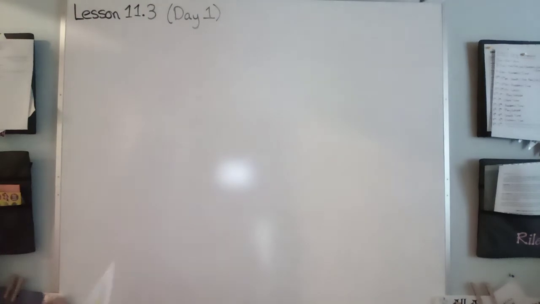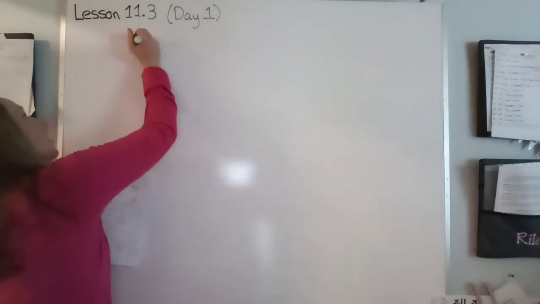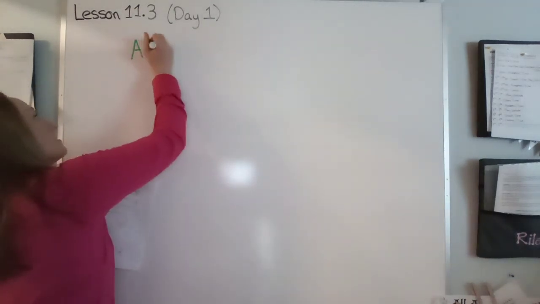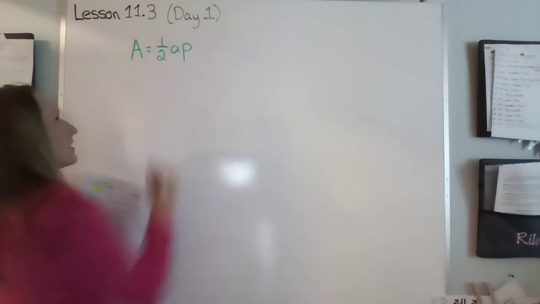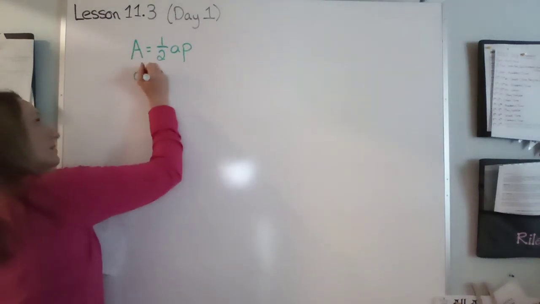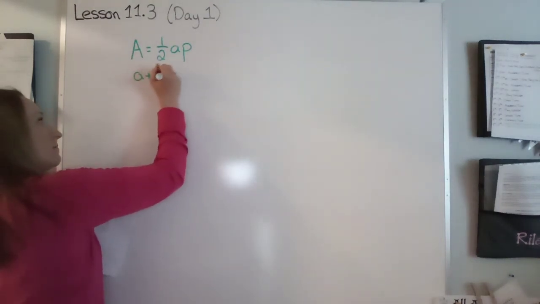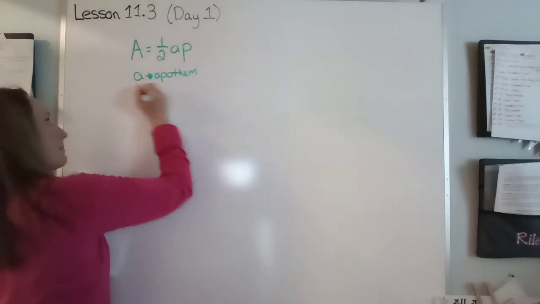All right, the next problem, we're going to start using the area of a regular polygon formula. That is 1/2 AP. That's the area formula for a regular polygon, where little a stands for apothem and P stands for perimeter.